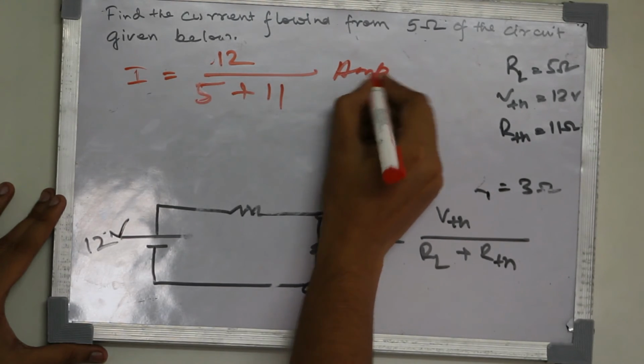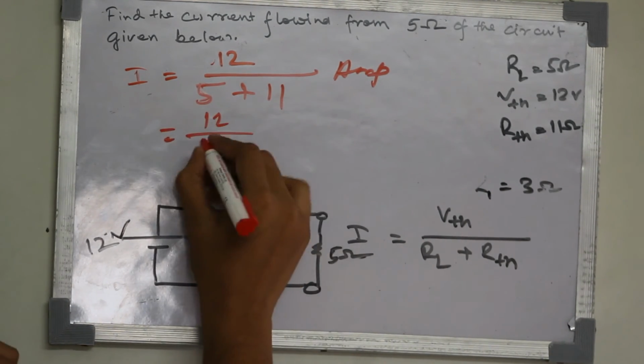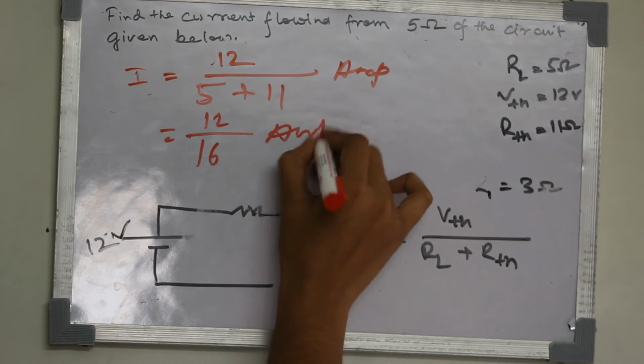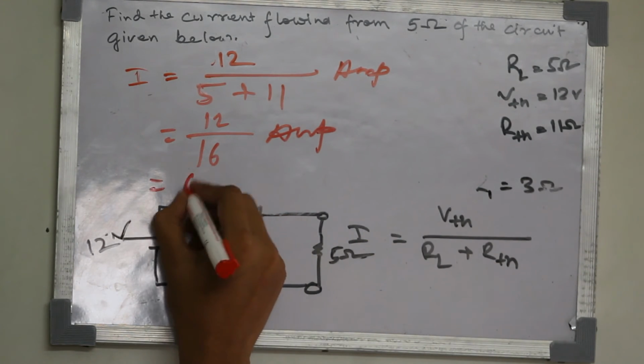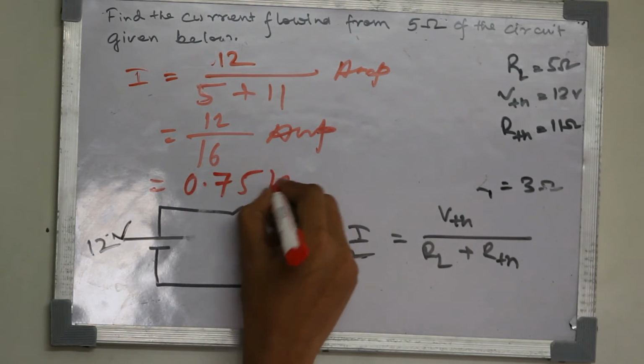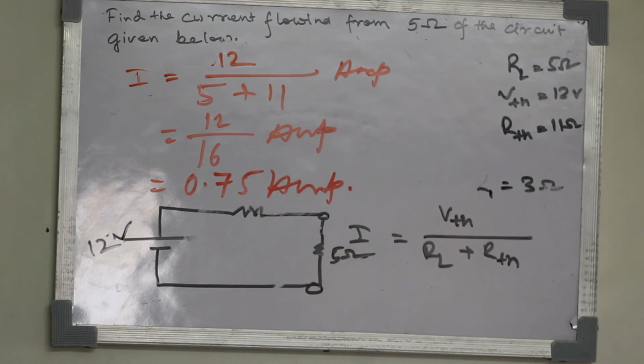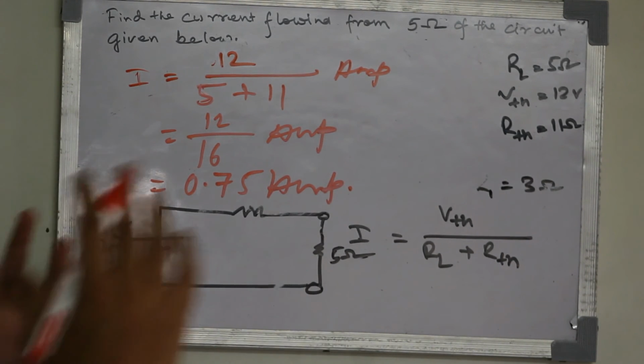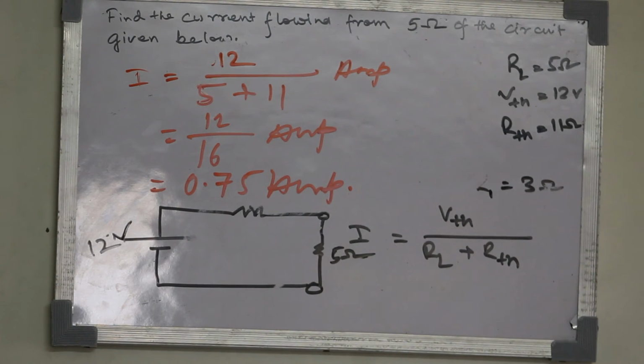That much ampere. This means 12 upon 16 ampere, that means 0.75 ampere. This is a way how we can solve how much current is flowing from a resistance given in question. This is the way to solve using Thevenin's theorem.